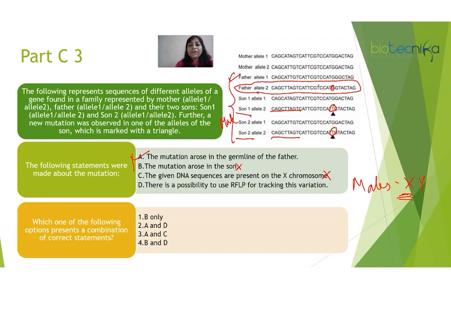So the RFLP pattern, that is restriction fragment length polymorphism, will be seen. So this variation can be tracked by RFLP. So statement D is correct. So correct answer is option 2, A and D.